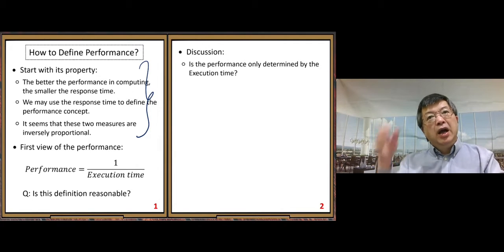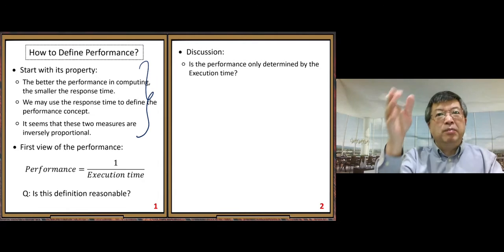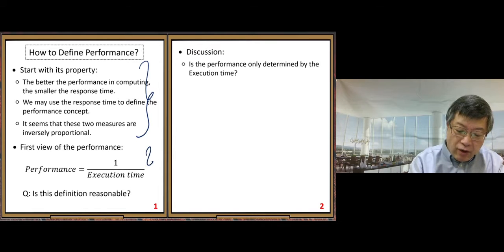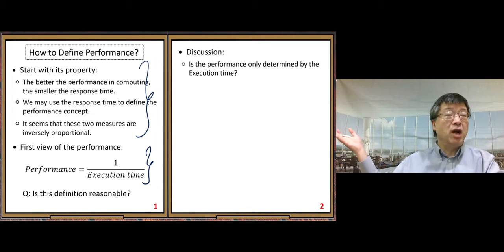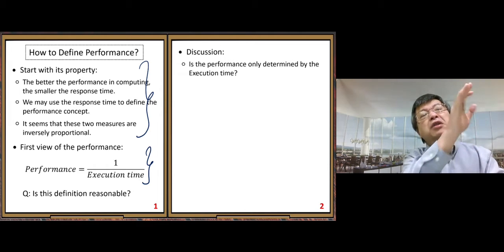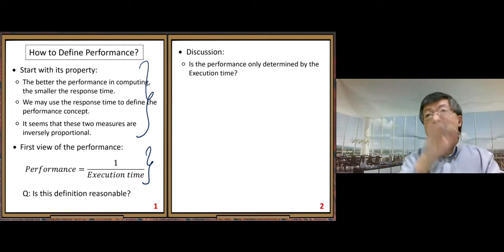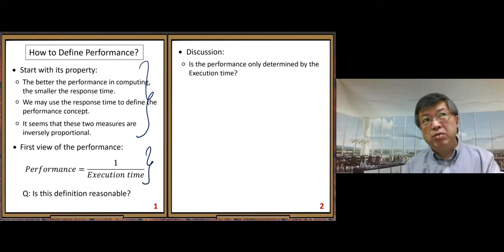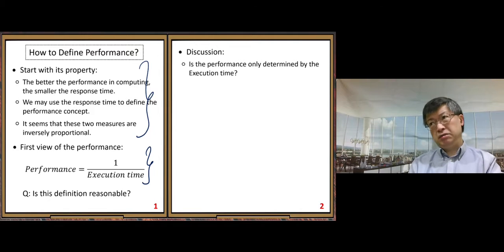First, is the performance only determined by execution time? Based on this formula, the reciprocal of execution time, the performance is only determined by execution time, right? But in real-world applications, can we say the performance is only determined by the execution time? It's not that simple.